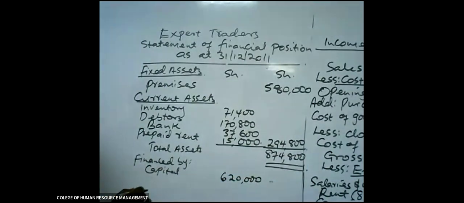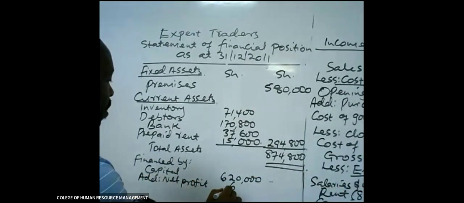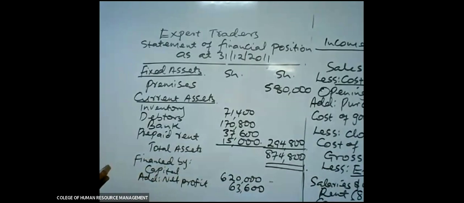To that capital you will add the net profit. The net profit figure is what we got here, 63,600. Then you deduct drawings, if there are any. Yes, there are, of 8,500, if I'm not wrong.